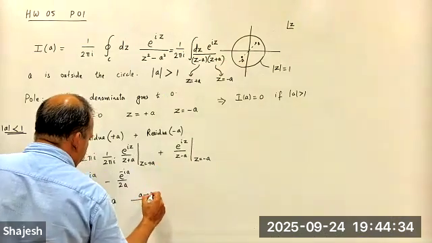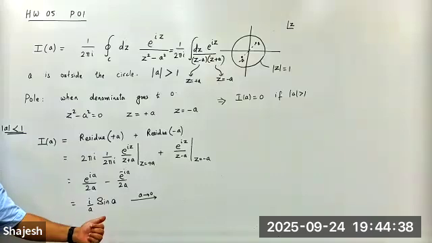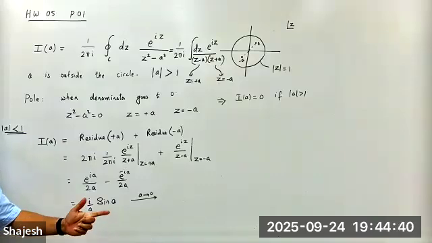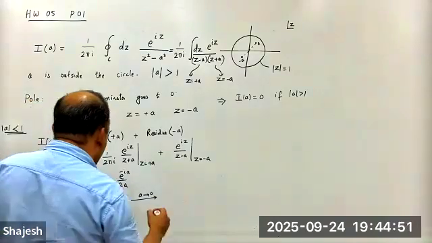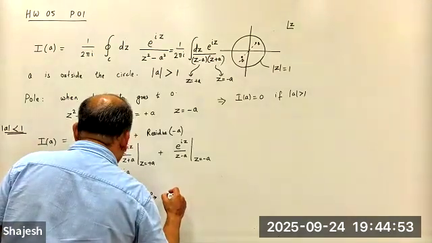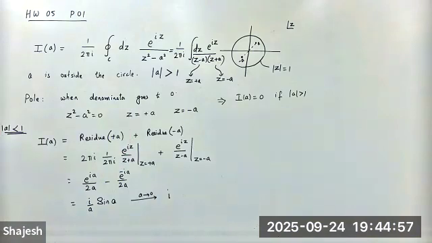And sine A over A, what is the limit of sine A over A? 0 over 0? No, it's 1. The limit of sine x over x, in calculus we see it as 1. Okay. So this comes out to be I. So that's a simple result you can get.